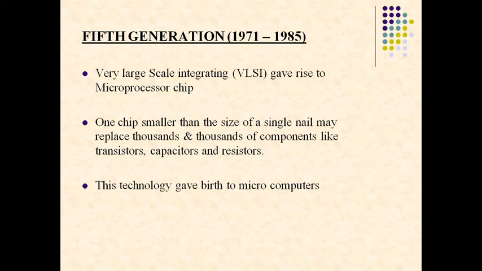One chip smaller than the size of a single nail may replace thousands and thousands of components like transistors, capacitors, and resistors. This technology gave birth to microcomputers. In fifth generation computers, microcomputers came into existence between 1971 and 1985.